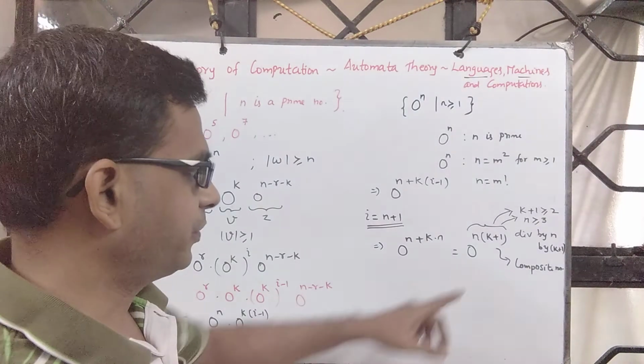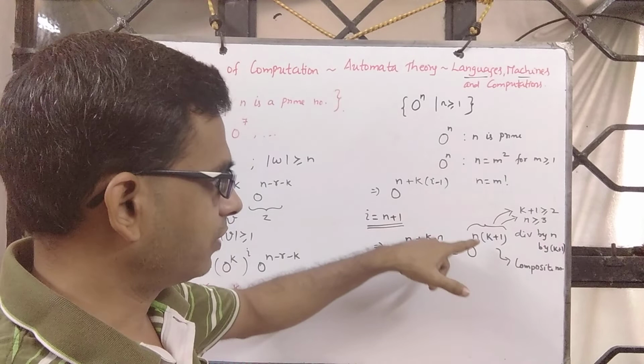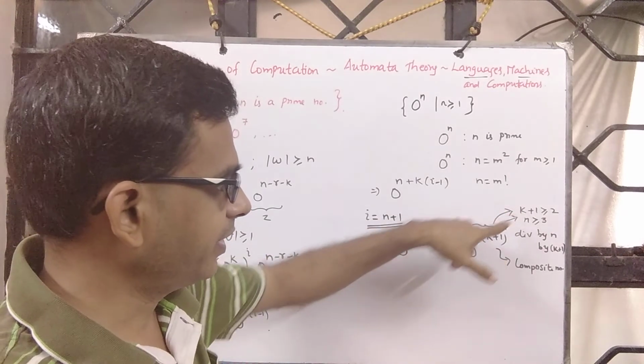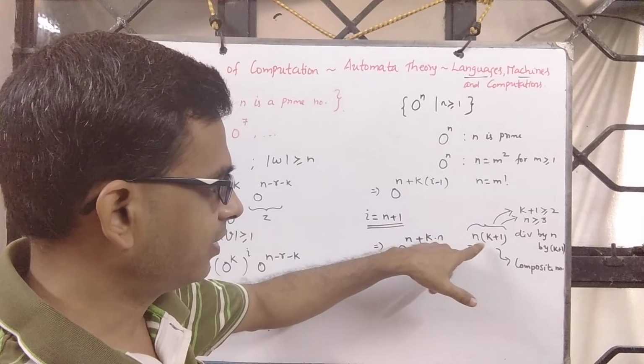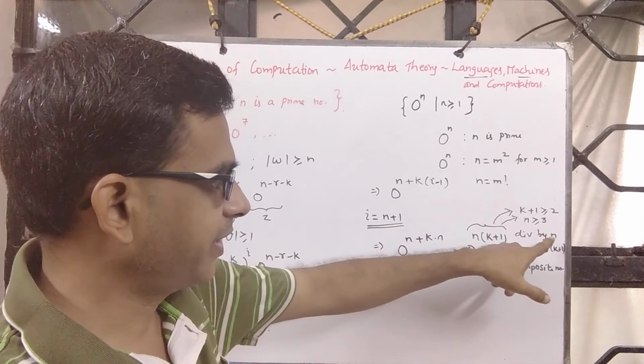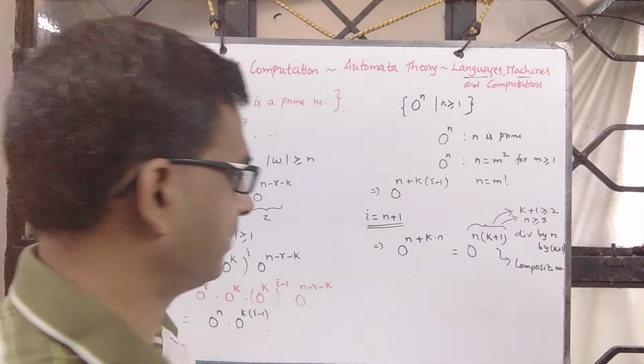So one has to argue that it is a composite number, and also that this one is not 1 and this one is not 1, and this expression is divisible by n as well as k plus 1. Therefore it's a composite number.